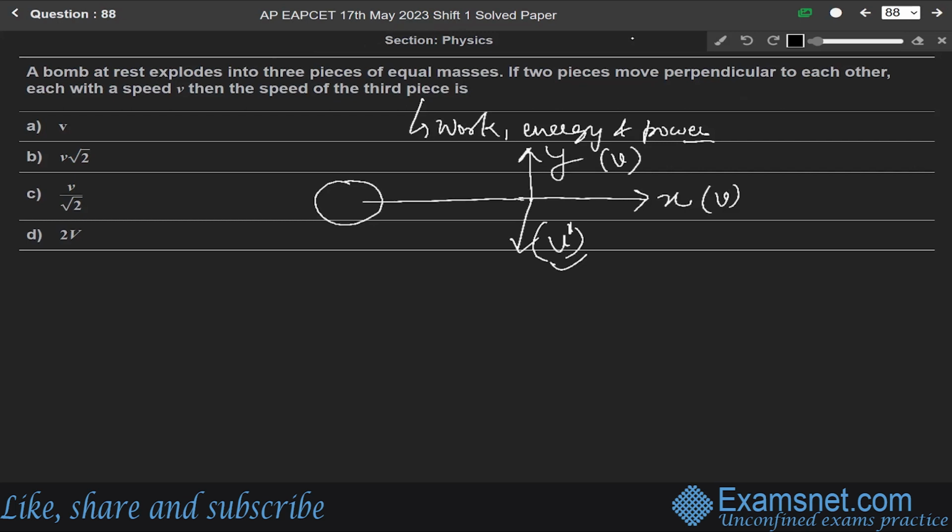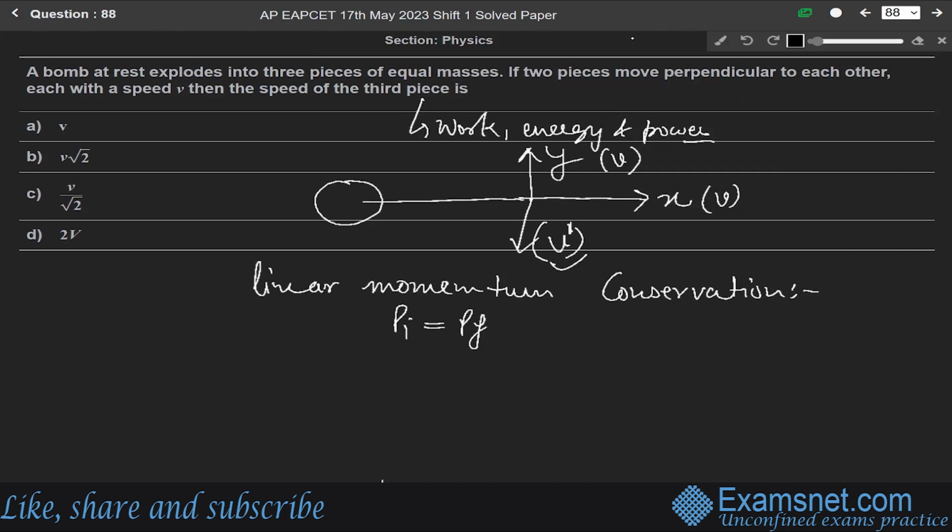So using the conservation of linear momentum, momentum before collision must be equal to momentum after collision. Since it explodes into three equal pieces, let us say all three pieces have a mass m, so initially the mass will be 3m.